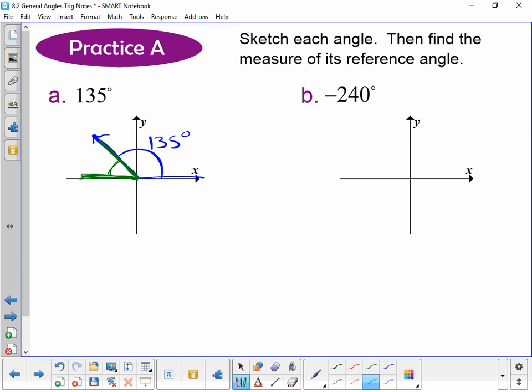So it'll be here. In this quadrant, you almost have to think about how much farther you need to go to get to 180. And you might decide that it would be 45 degrees. That's the reference angle.